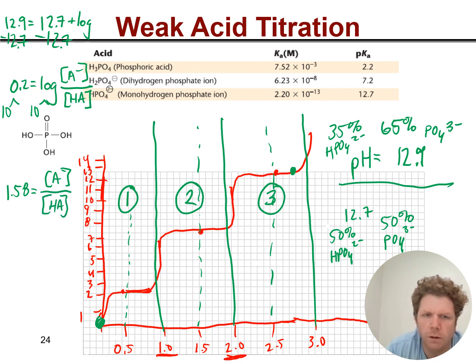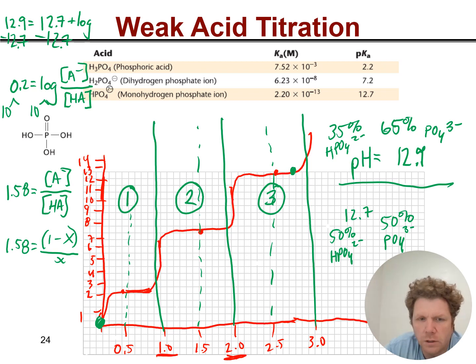Now that doesn't help me a whole lot. However, I can plug in 1.58 and put this A minus and HA in terms of X. So I'm going to say 1 minus X over X, because I know that these two quantities are going to add up to 1. So I'll multiply each side by X and I'll get 1.58 X equals 1 minus X. Then I'll add X to each side.